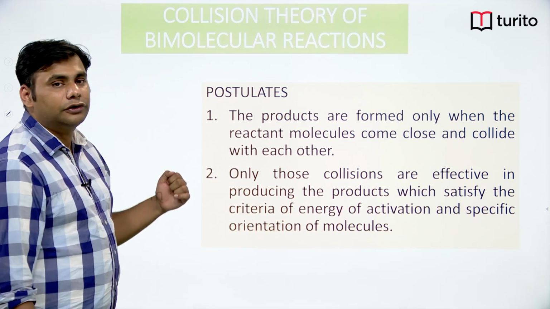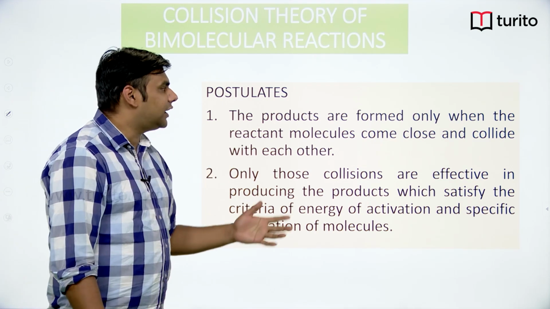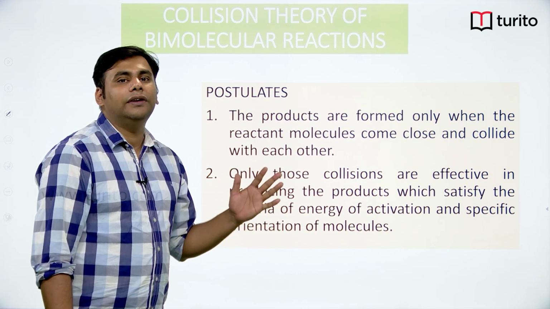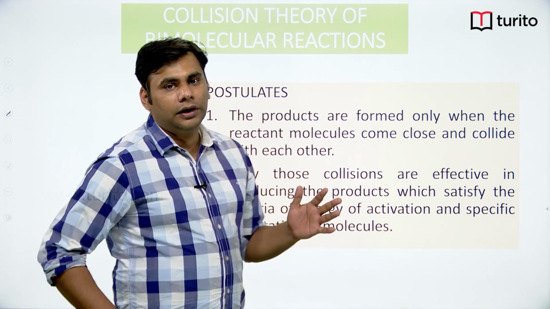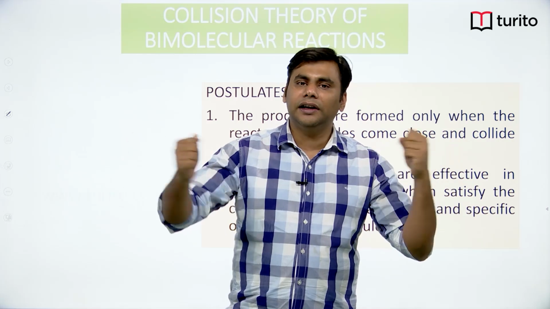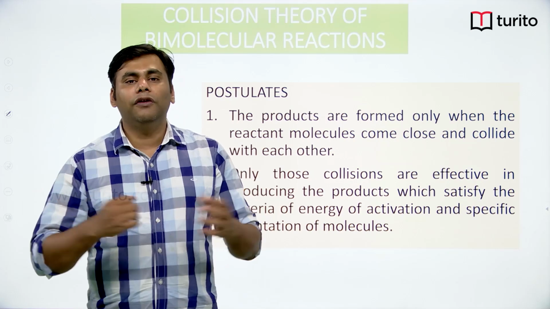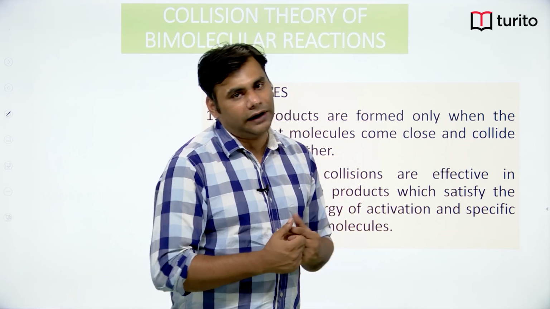The first postulate of collision theory is that products are formed only when the reactant molecules come close and collide with each other. I have already told you, the reactants are in random motion due to their inherent kinetic energy, moving here and there, and while moving they can collide with each other.